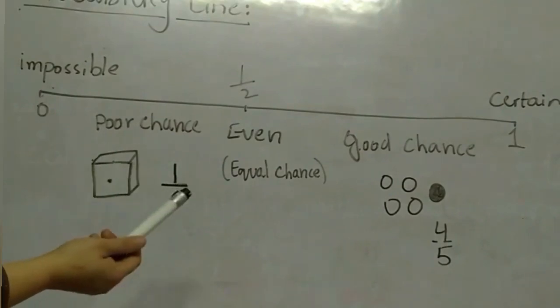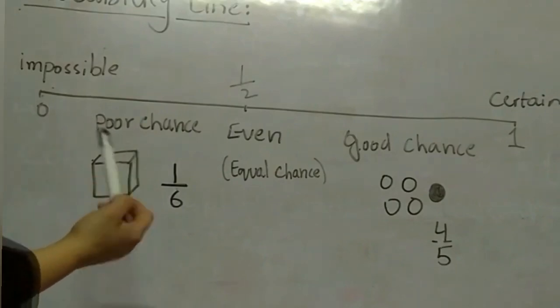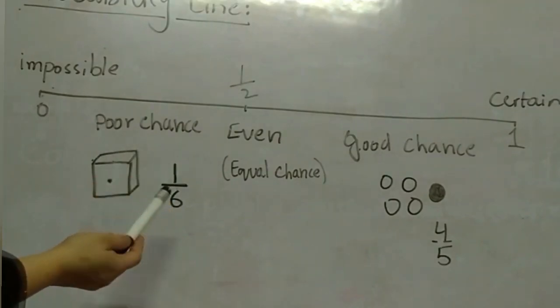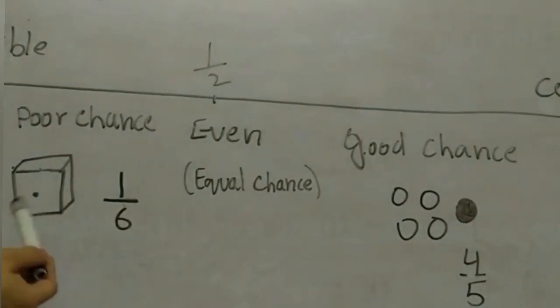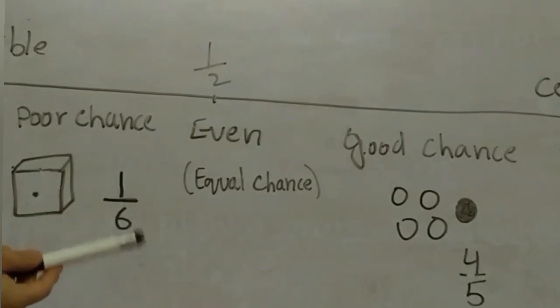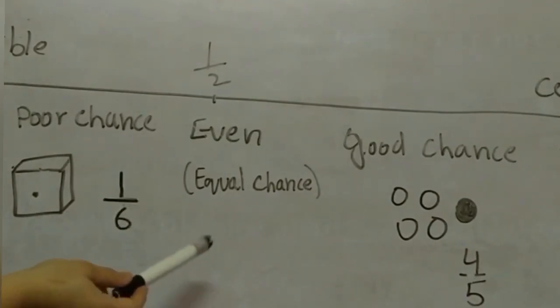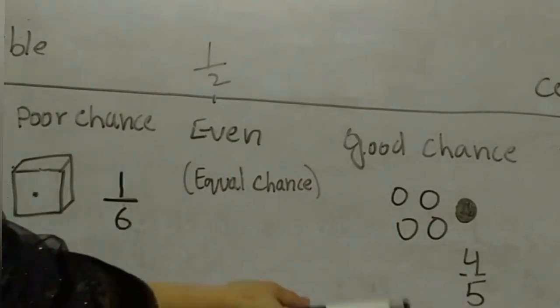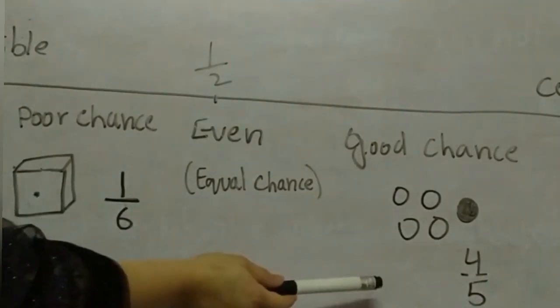Now I am going to explain the good chance, which comes between half and 1, even and certain. It is more than 50%. So how can we explain it? If I give you the example of marbles, there are 5 marbles, one is black and the 4 are white. So if I want the probability of the white marble, there are total 5, so I wrote 5 here, and there are 4 chances of white marbles that can come.